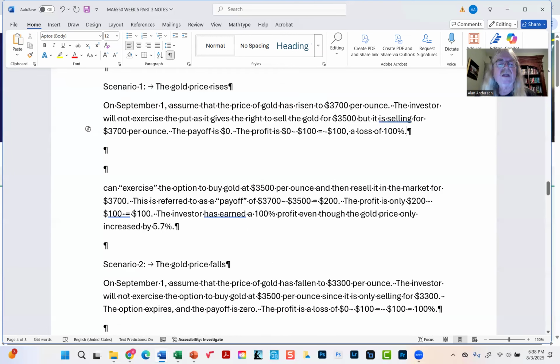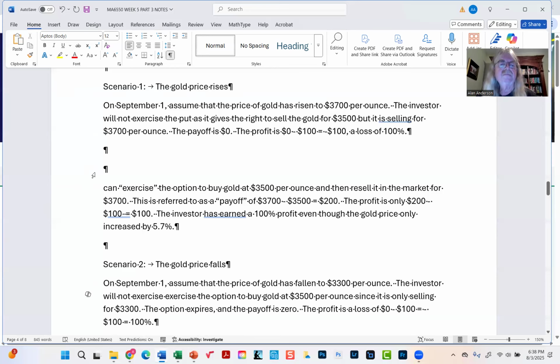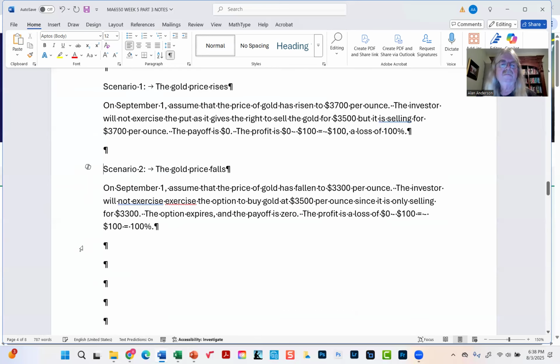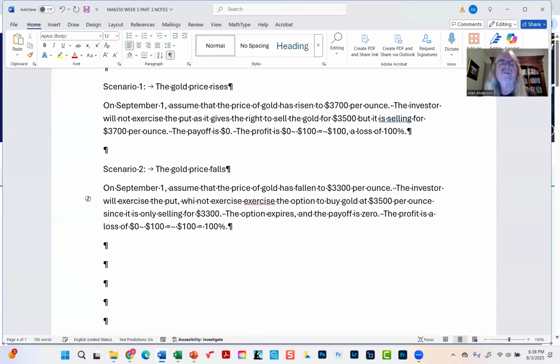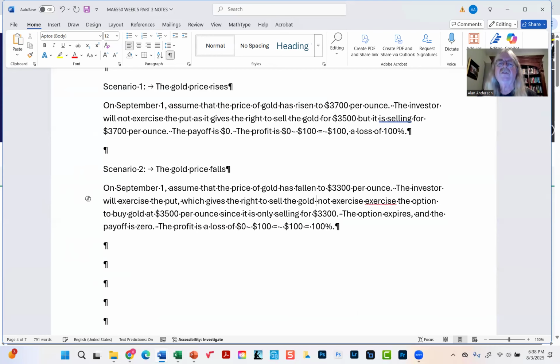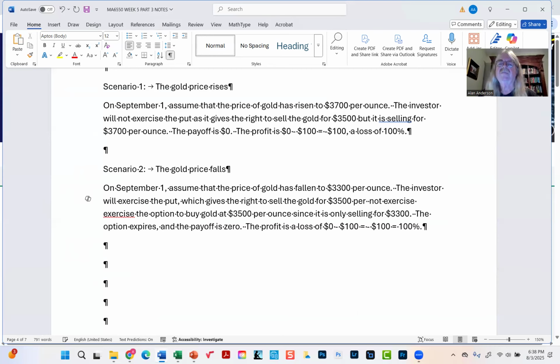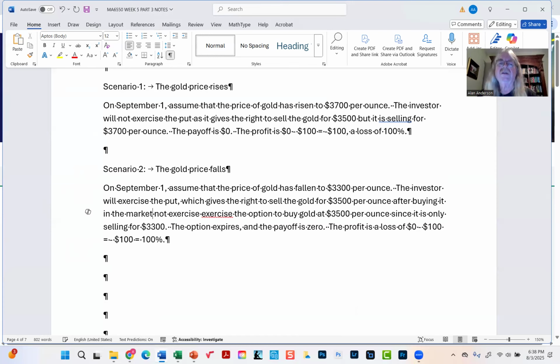The investor will exercise the put, which is the right to sell the gold for 3,500 an ounce, after buying it in the market for 3,300.